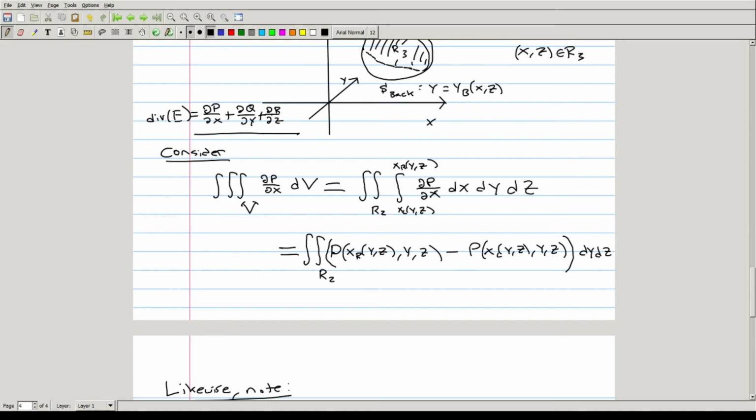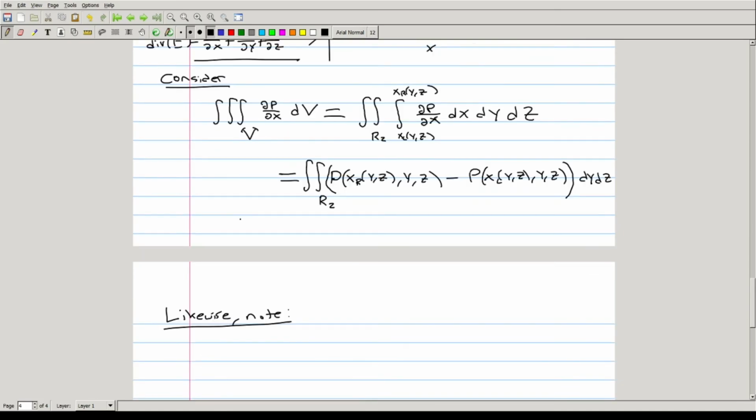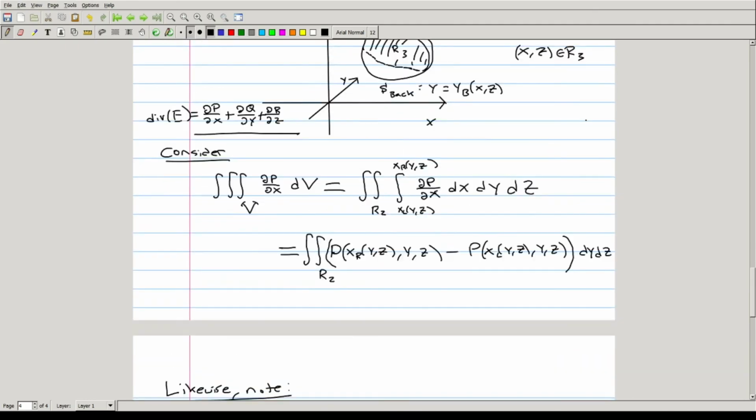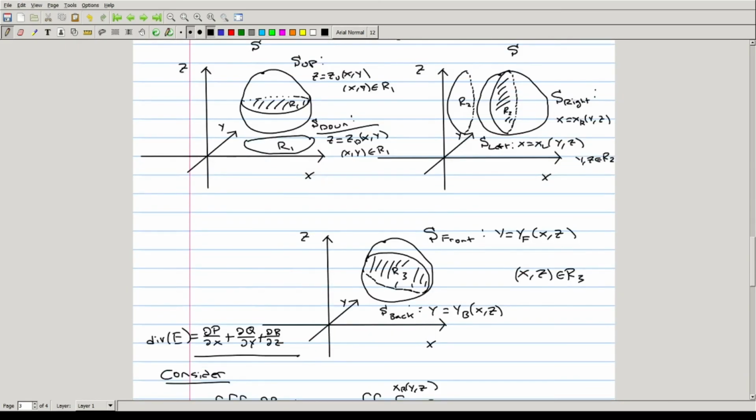So we do the same thing for dQ/dy and dR/dz. What we attain is that the triple integral over V of dQ/dy dV is going to be equal to the double integral over R3 of Q evaluated for y on our front surface.